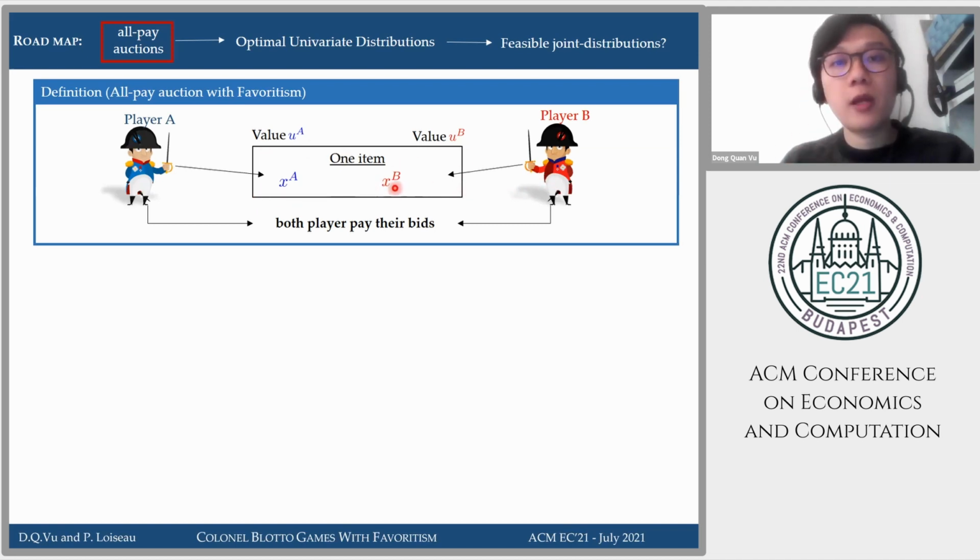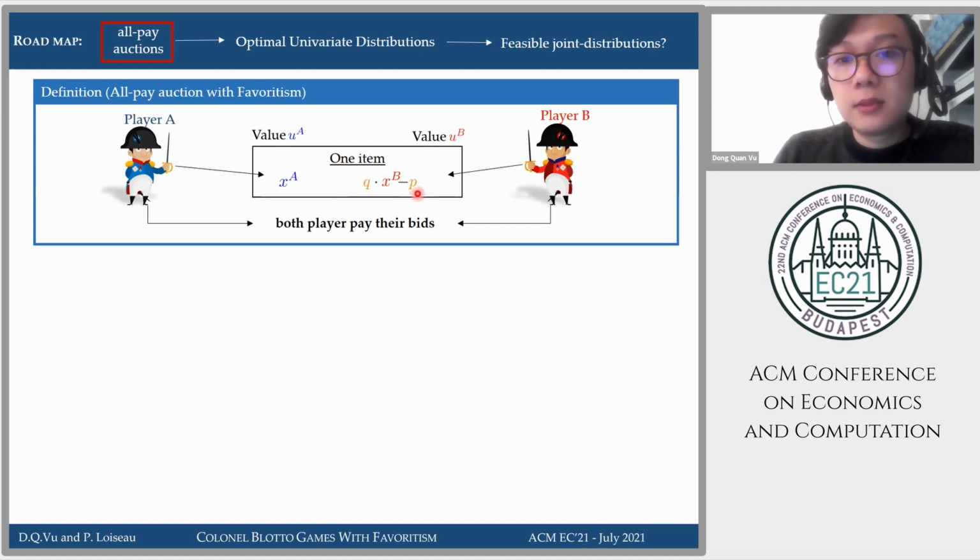In the classical all-pay auction, we compare SA and SB, and the player who has the higher bid wins the item. However, because we work with favoritism, we compare SA and a linear transformation of SB. And after the game, no matter which player wins the item, both players have to pay their bids. That's why we have the name all-pay auction. This is the difference between all-pay auction and Colonel Blotto.